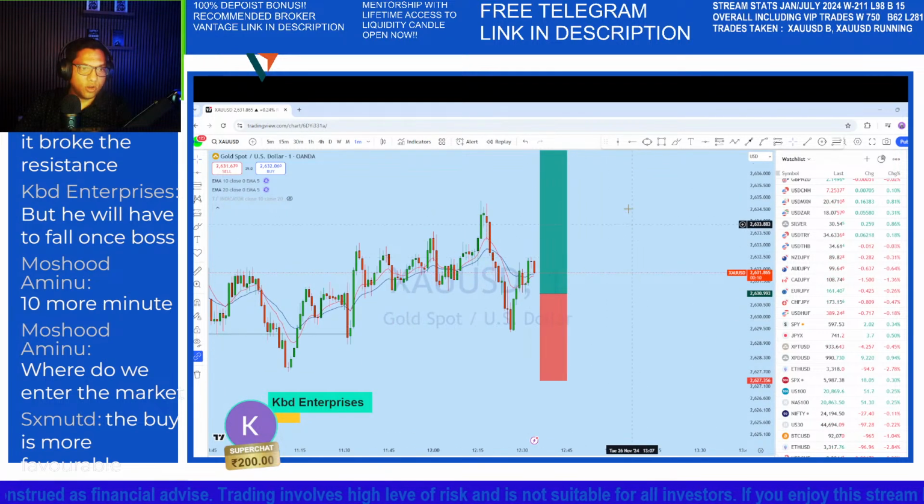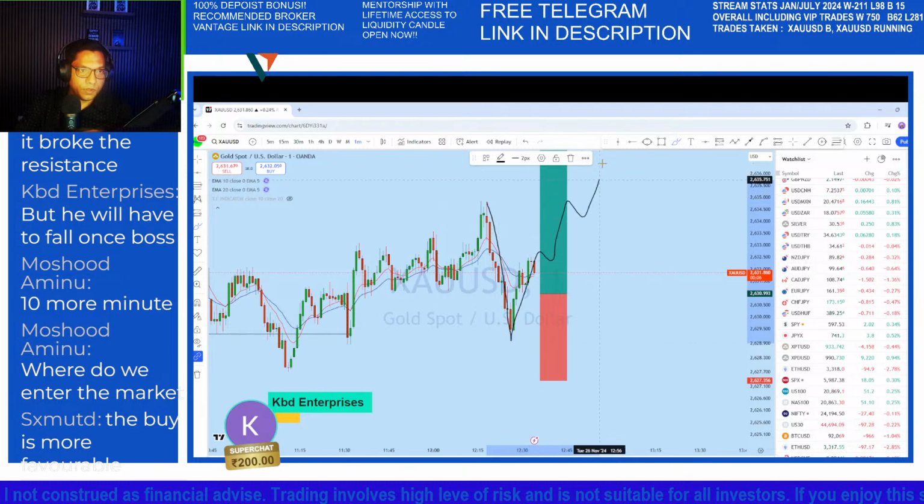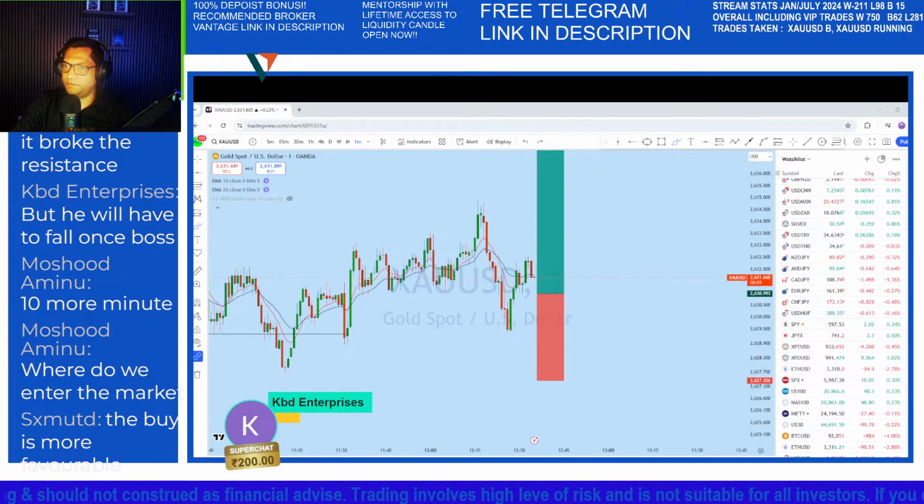Because the market has got a fake down here, so I would say the fake down, the probability for trend is high. Let's see how it might be doing.